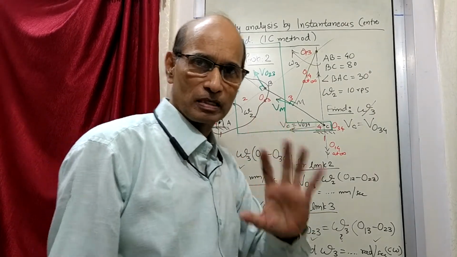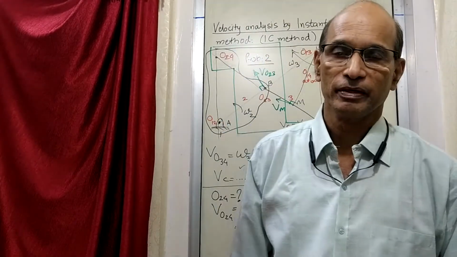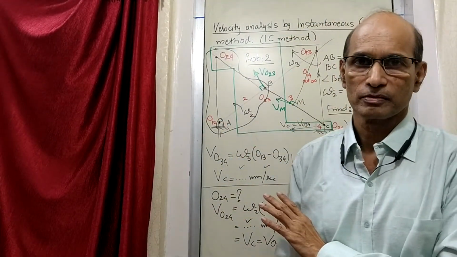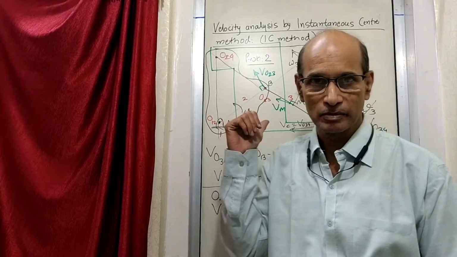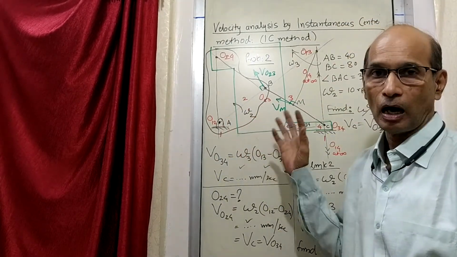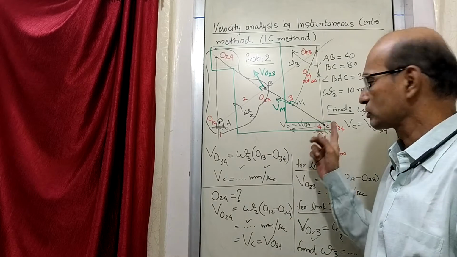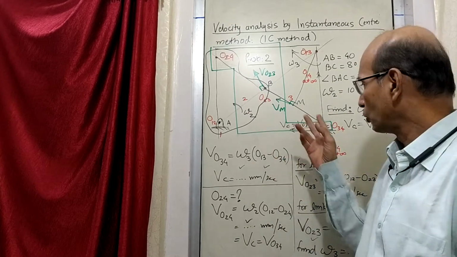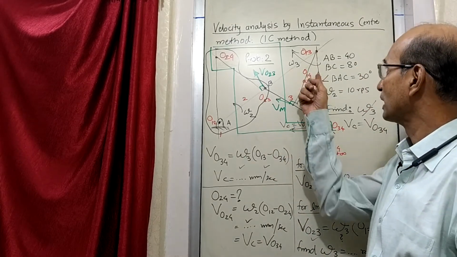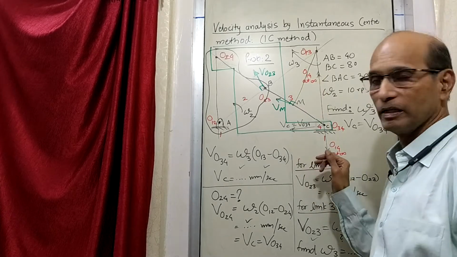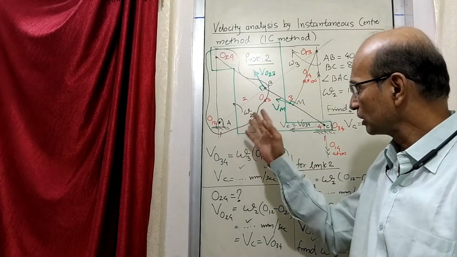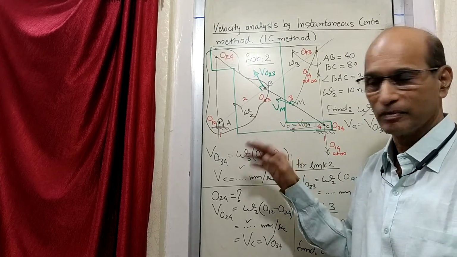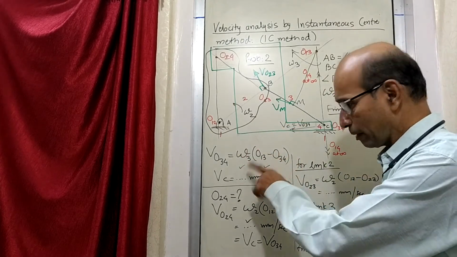Just to describe to you in brief, we are going to solve such problems afterward. This is the first day, the first day for a slider crank mechanism. So today we have just learned how to solve a problem consisting of a slider. First we learned how to find center O14, which is at infinity, and why it is so. After that, we solved the problem by the same method as last time and got the answers step by step.